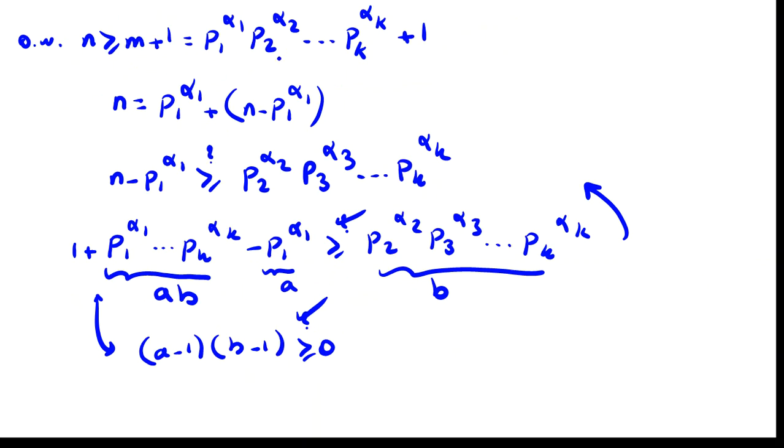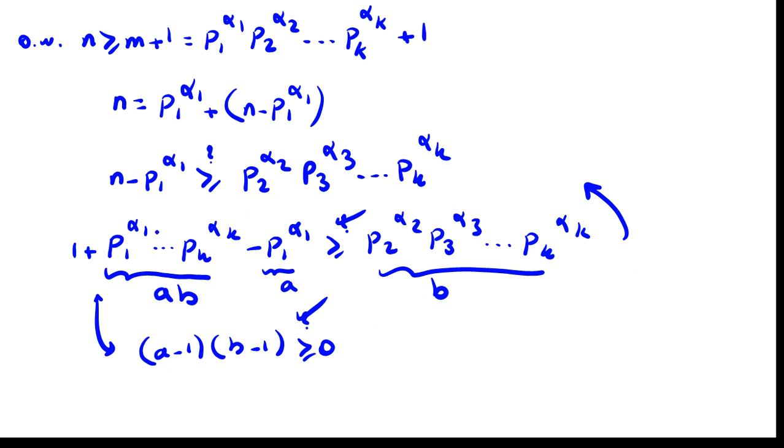If we prove n minus p1^α1 is greater than this, then we can use induction and find some cycles whose sum is n minus p1^α1 and whose LCM would be p2^α2 to pk^αk by induction.